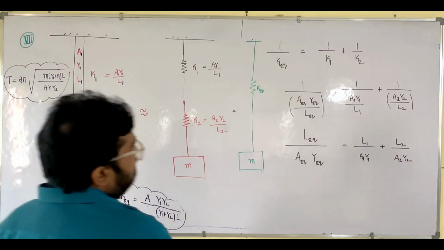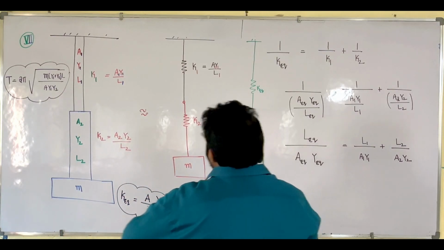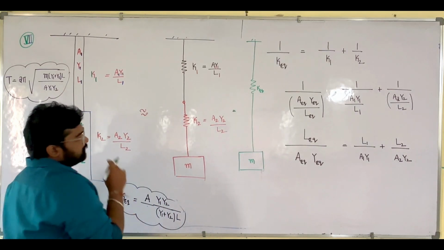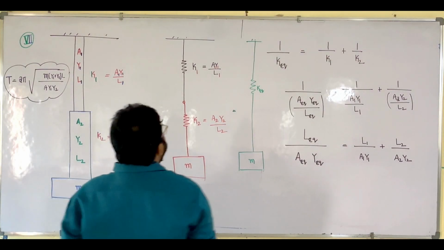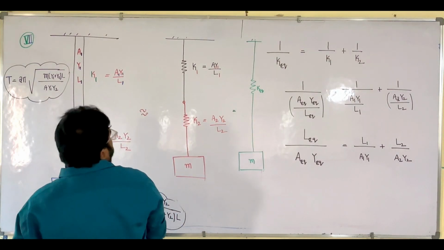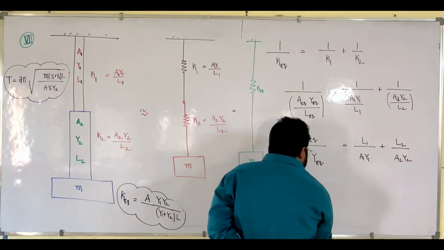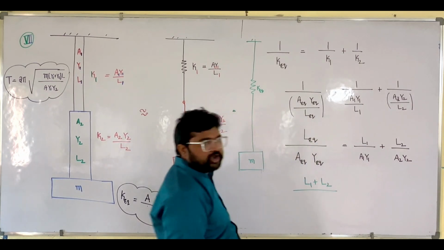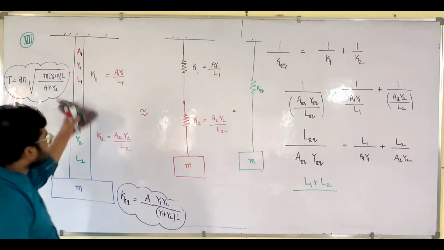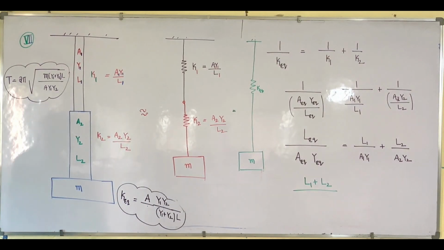So equivalent Young's modulus, L equivalent can be written as L1 plus L2 in series combination.